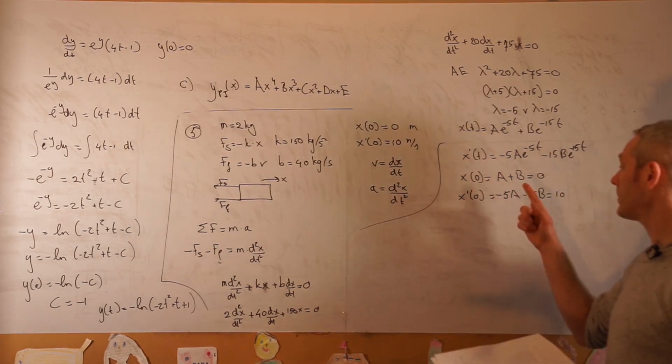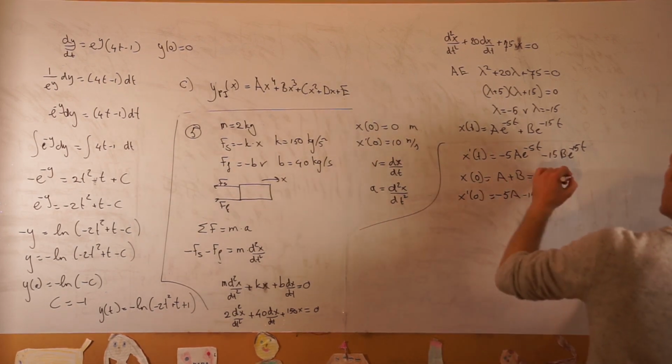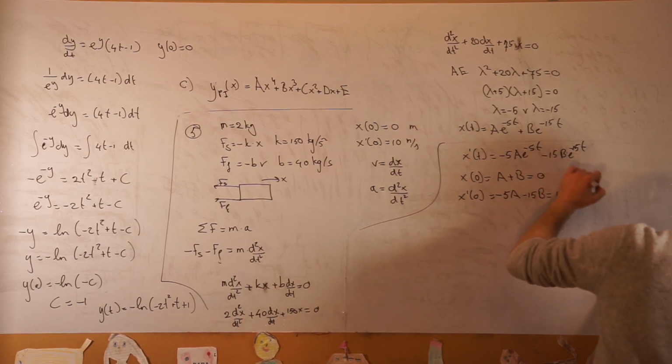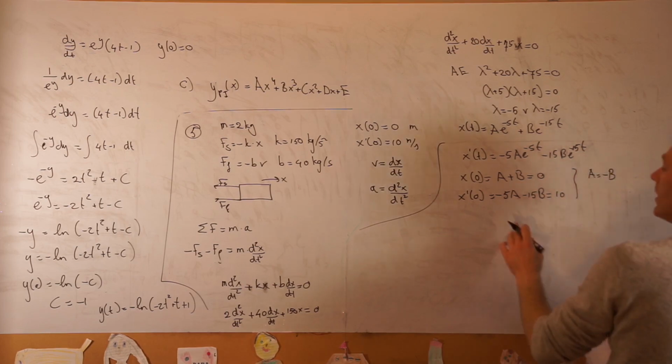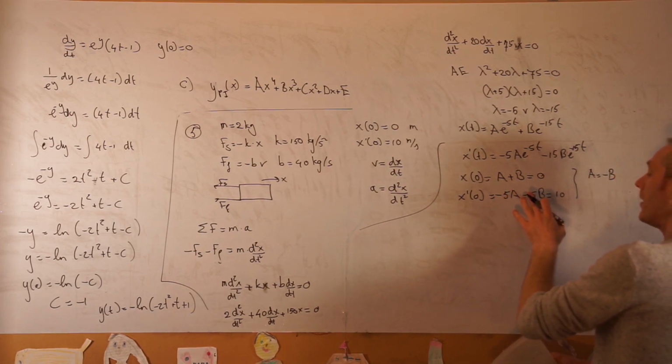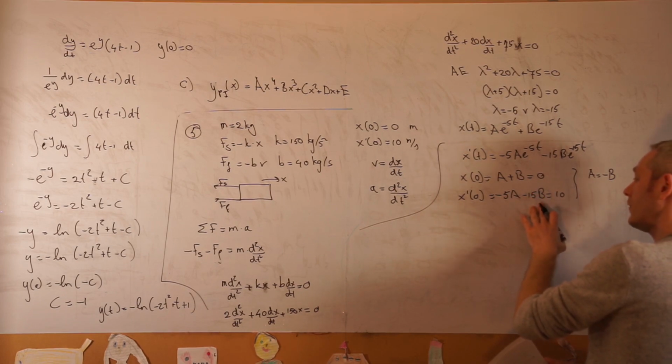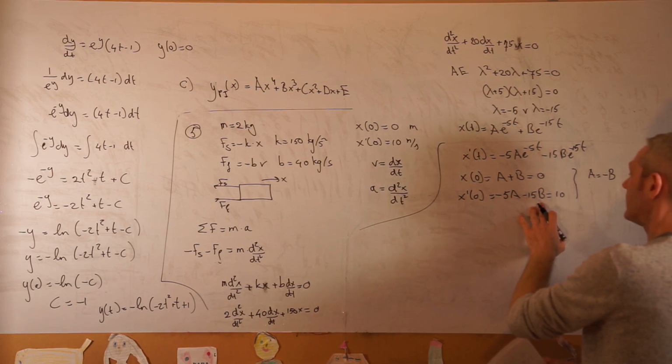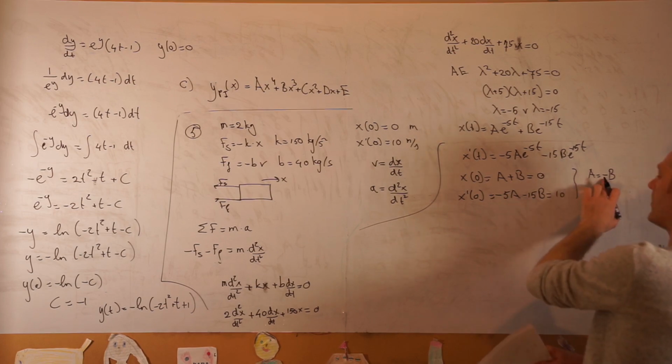Well, we can use substitution to find our values. The first one, let's see, a is equal to minus b. I put minus b here, so minus 5b minus 15b, sorry, I have a minus sign here.